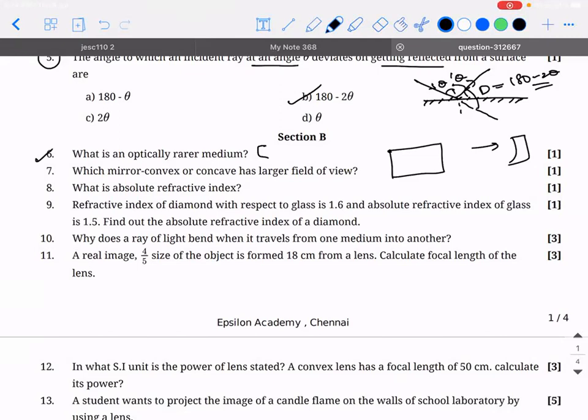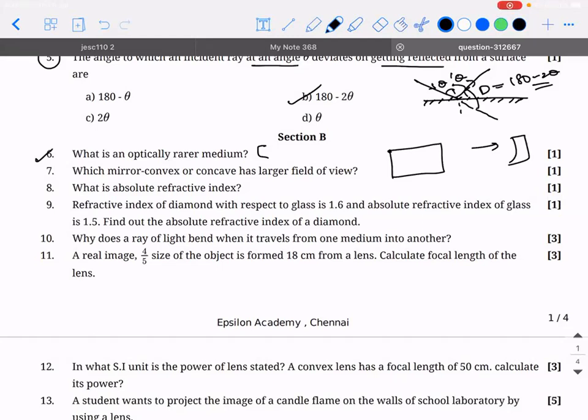Whereas if you use a concave mirror, it is basically used in shaving mirrors, I'm not sure if you guys have seen it in hotels. When you go close, you can see your face to be very big. Maximum, your head and the chin might also get cut off as you keep moving closer, because it has a lesser field of view.